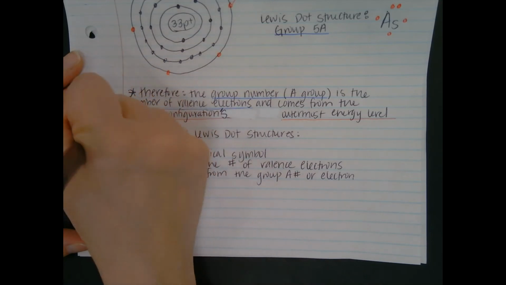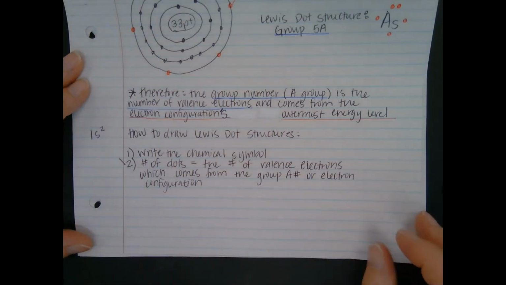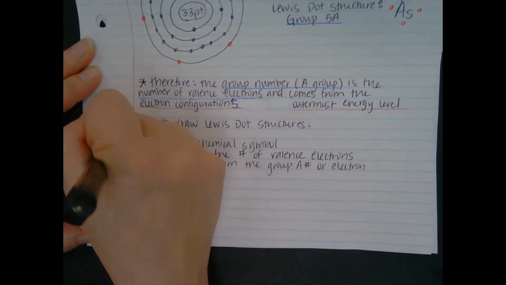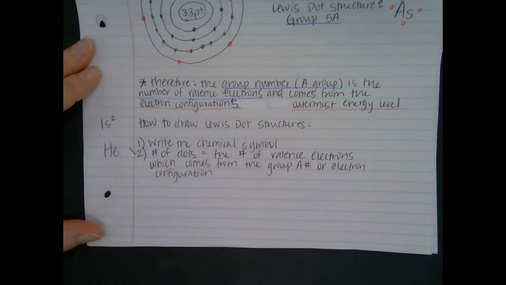But helium is 1s2. So if I draw the Lewis dot structure of helium, I am not drawing 8 dots. It only has 2 electrons, but those 2 electrons are paired up. They are full at 1s2.